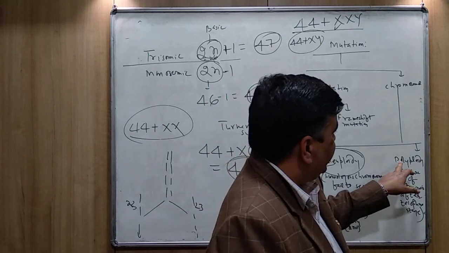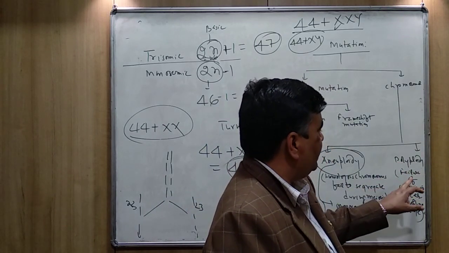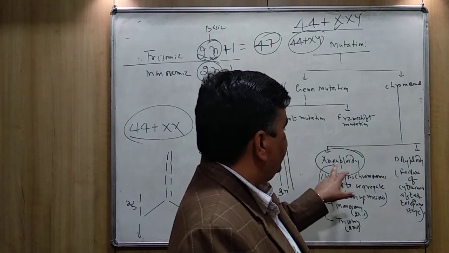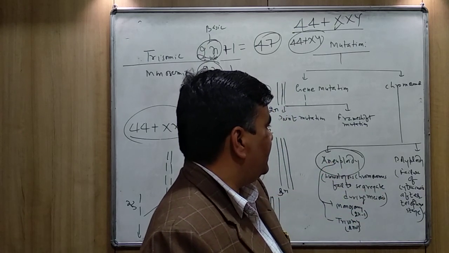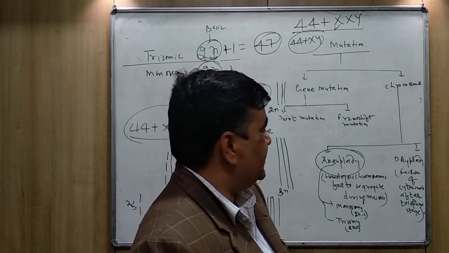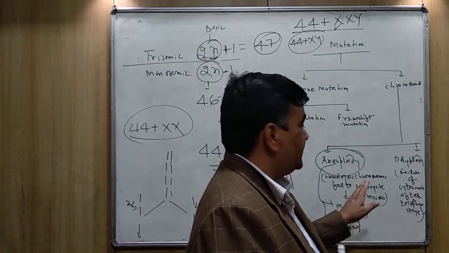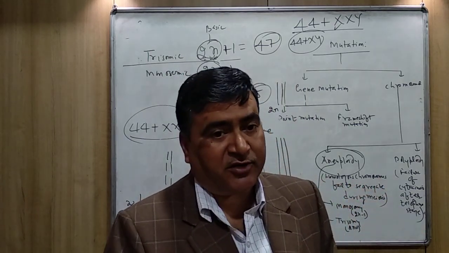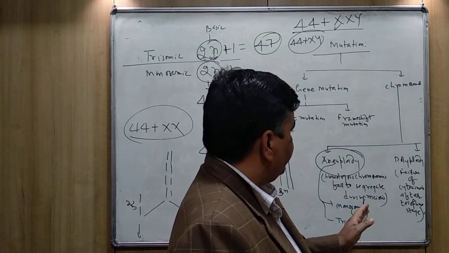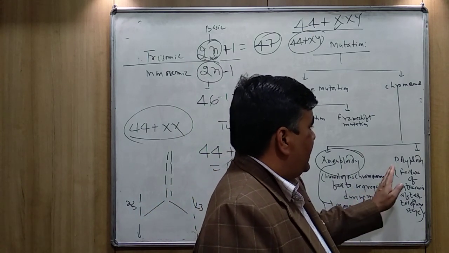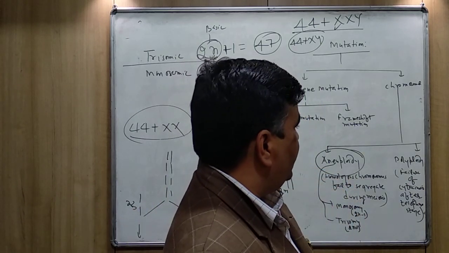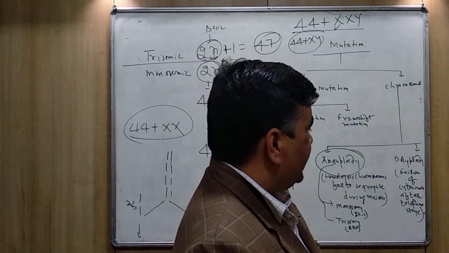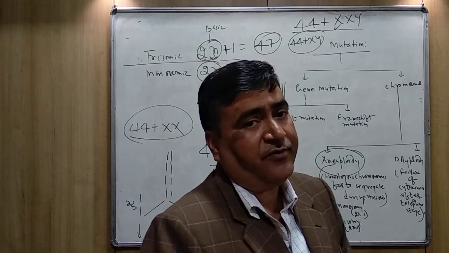This I couldn't explain. What is the cause of polyploidy? Here I have written, as I taught you, the cause of aneuploidy is non-disjunction, in which the homologous chromosomes fail to segregate properly during meiosis. And how does polyploidy take place? Through the failure of cytokinesis after the telophase stage.